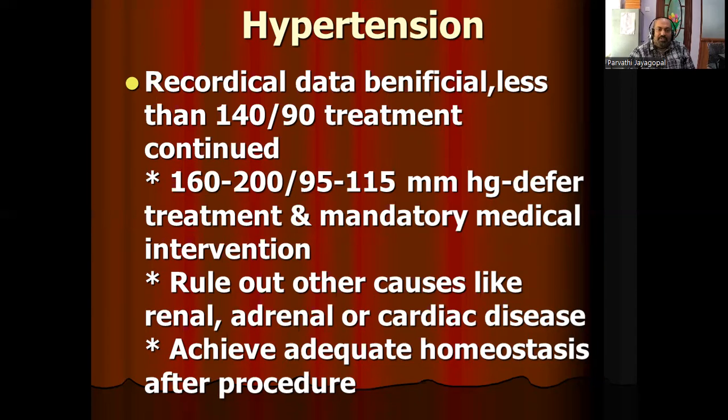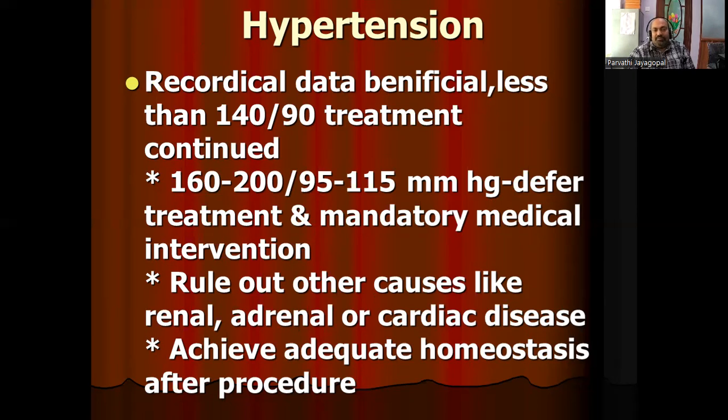If it is 160 to 295 over 115, defer treatment and mandatory medical intervention. So the patient should have a medical consultation, and the hypertension should be corrected with antihypertensives before you take the patient for surgery.